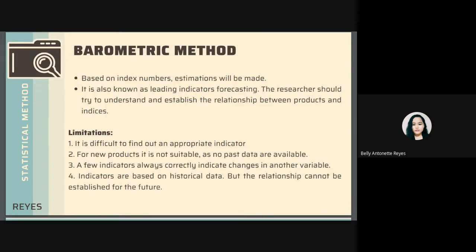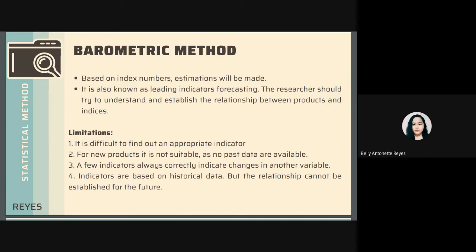Next slide, please. So the last method under the quantitative method is the barometric method. So in this method, estimations of future demand will be made based on index numbers, so economic indicators like the wholesale price index or the consumer price index.